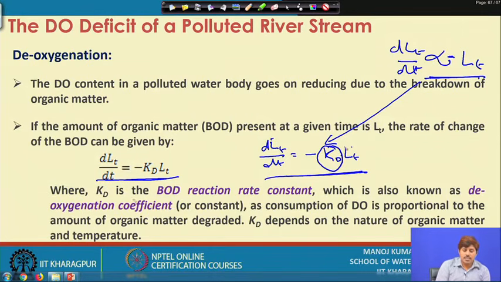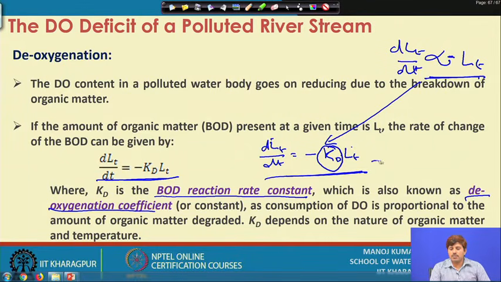So, Kd will be referred to as the BOD reaction rate constant, which is the same as the deoxygenation constant or deoxygenation coefficient, and it depends on the nature of the organic matter and the existing temperature. And it is a simple first order expression.